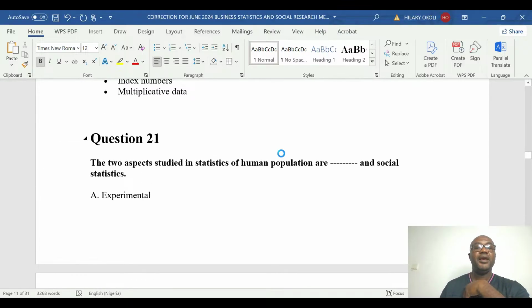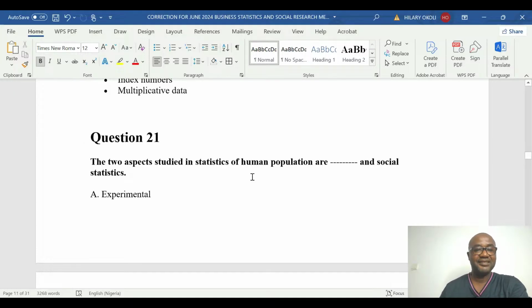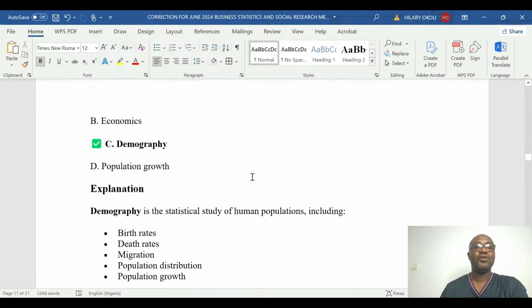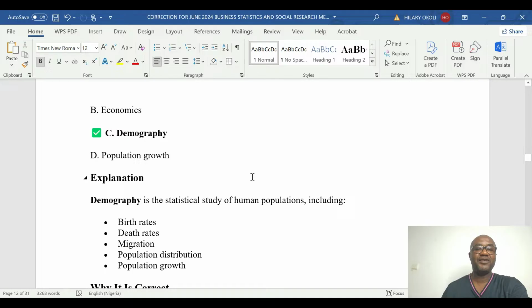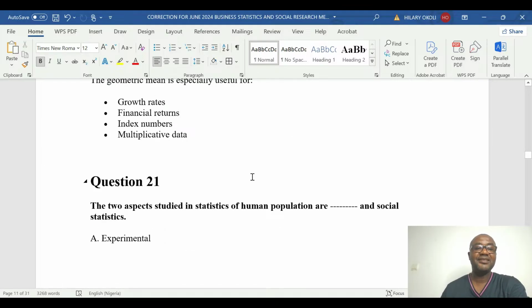The two aspects studied in statistics of human population are demography and social statistics. Recall the question says human population.